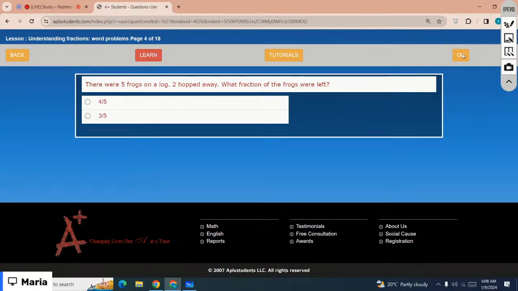The total frogs were 5, right? 2 hopped away, you are left with 3. So that is 3 out of 5. Option number 2 is the correct option. Very good, everyone.